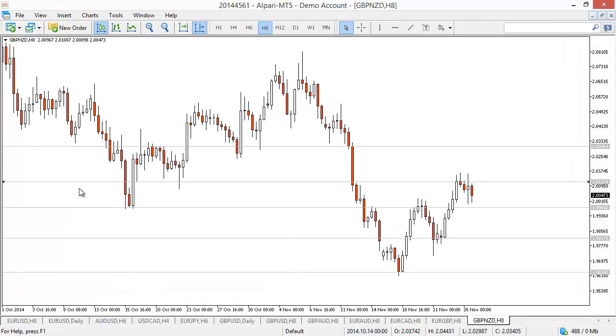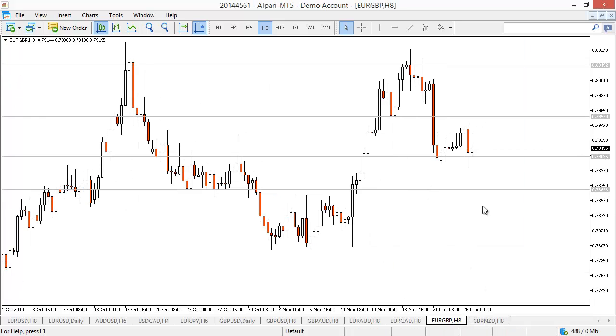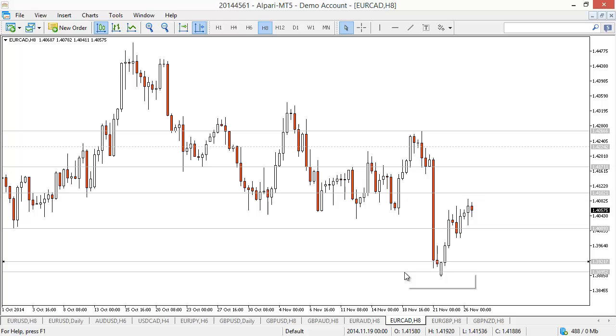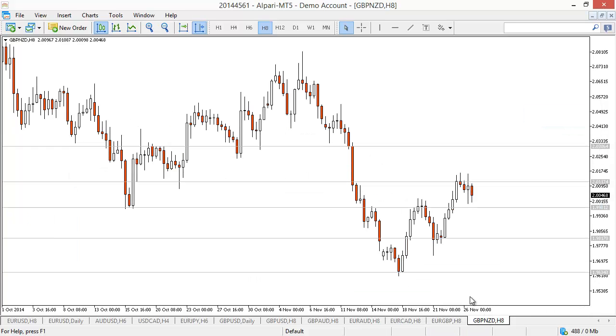Now, for those of you who were with us towards the end of yesterday's webinar, you'll remember I placed some support resistance on GBP New Zealand and some other pairs. I think GBP New Zealand was the last pair I did. And you'll see that we actually got a trade from here.